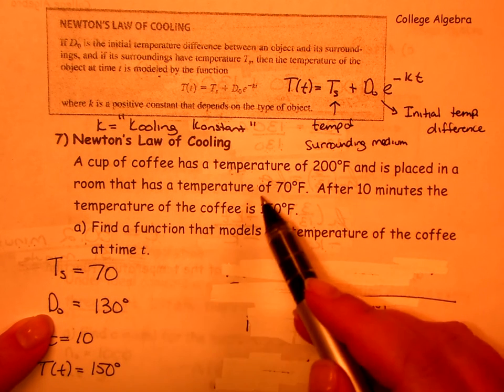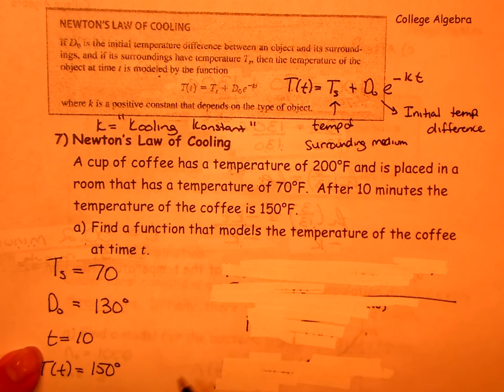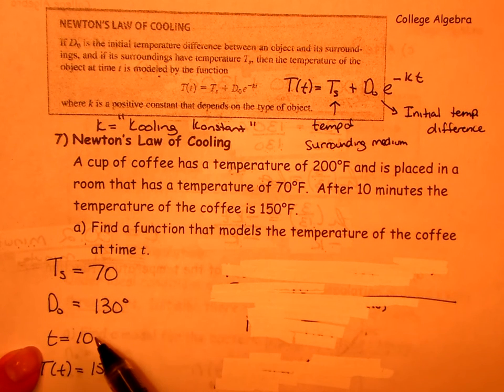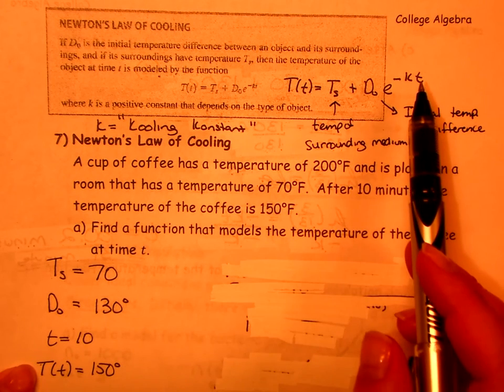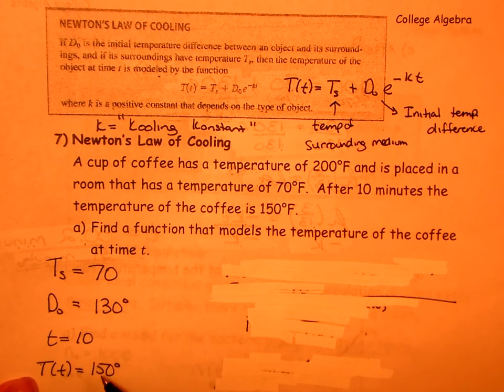So we're just subtracting. So we don't know k, but what we do know is after 10 minutes, the temperature is 150. So if I waited 10 minutes, I know the T of t is 150. So that's what I've written here. After 10 minutes, the temperature is 150.